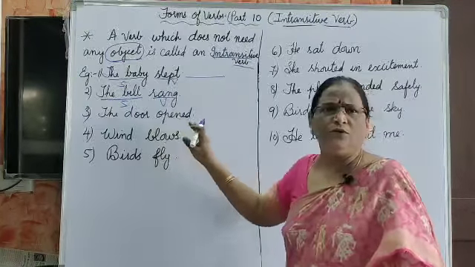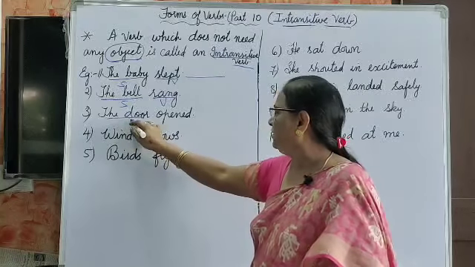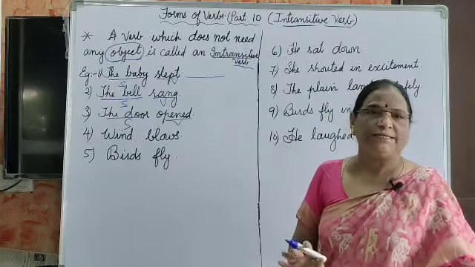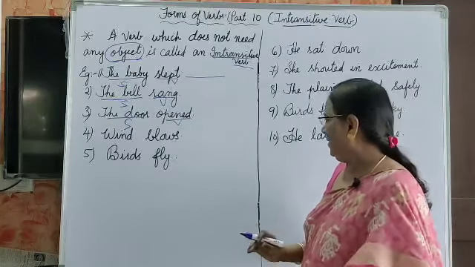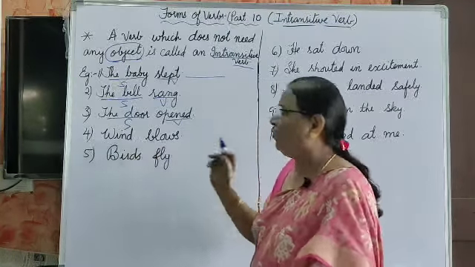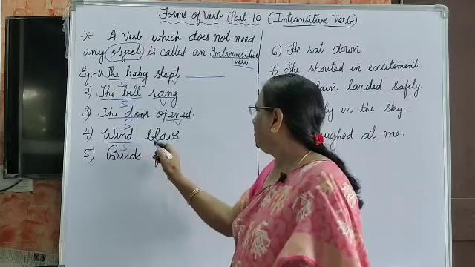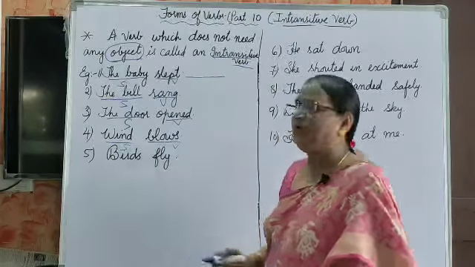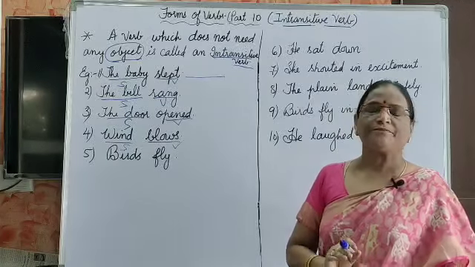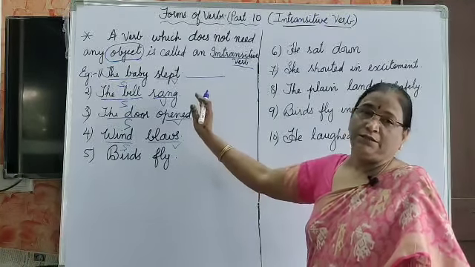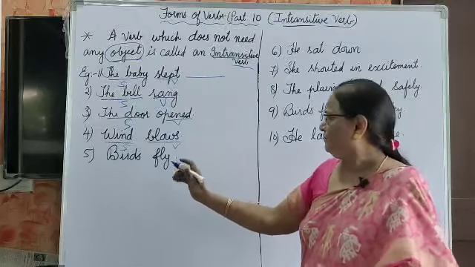The door is a subject here and opened is a verb here. So it has a complete sense. Next is wind blows. Wind is subject here, blows is a verb here. It does not require any object. Without an object also, the sentence is completed.